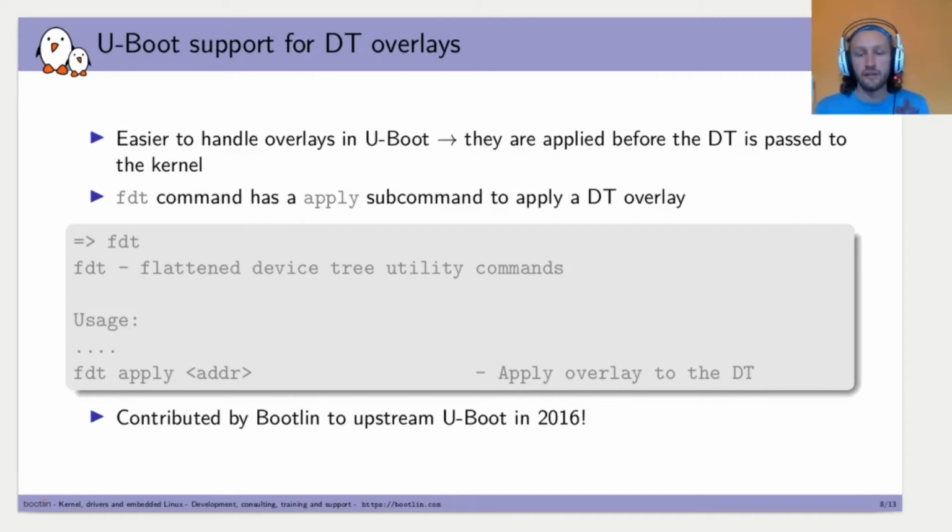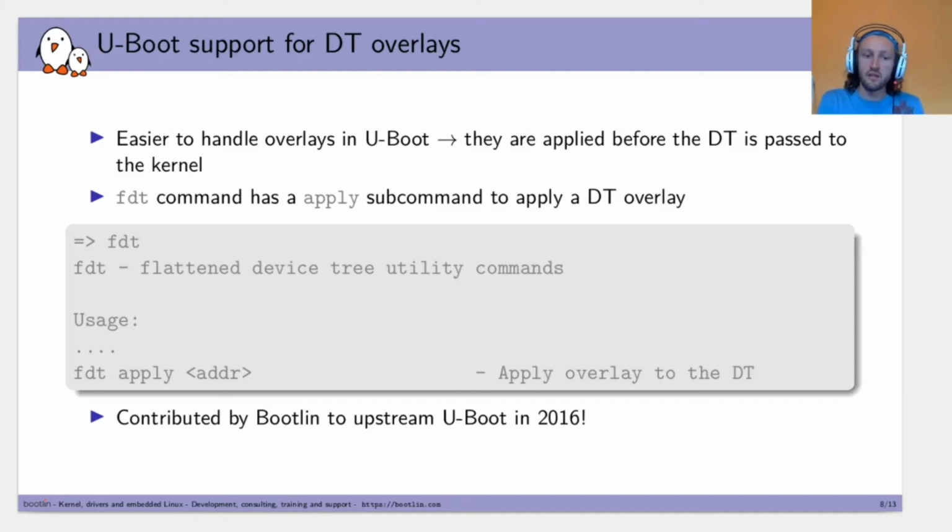So the device tree overlay is managed in U-Boot because the overlay is applied before anything is loaded in the kernel device tree. Before the kernel loads anything from the actual device tree, so it's easier to handle overlays in U-Boot.